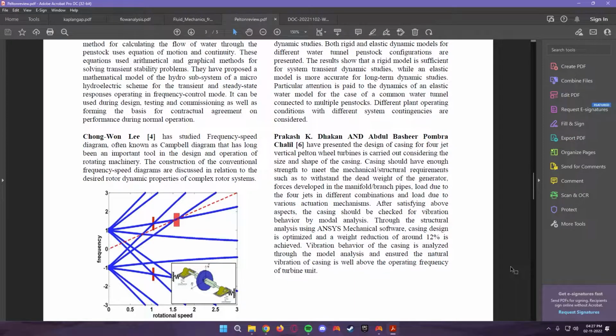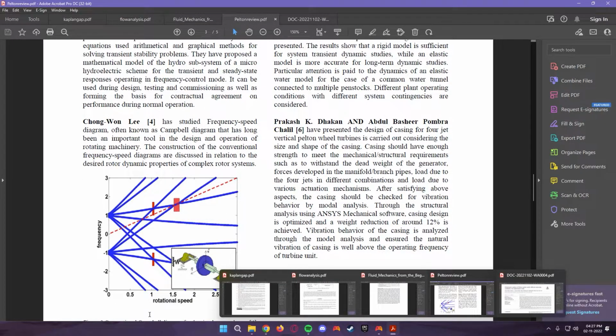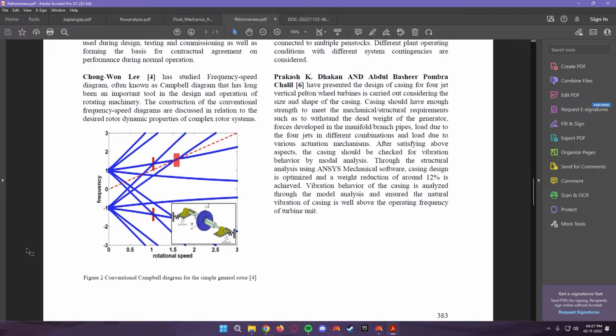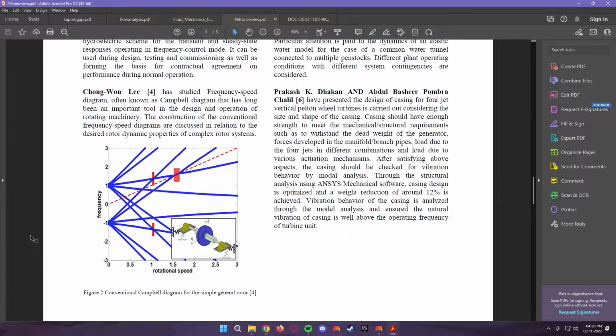The casing should have enough strength to meet mechanical and structural requirements, such as to withstand the dead weight of the generators. The force developed in the main branch pipes is a load due to various accompanying mechanisms.